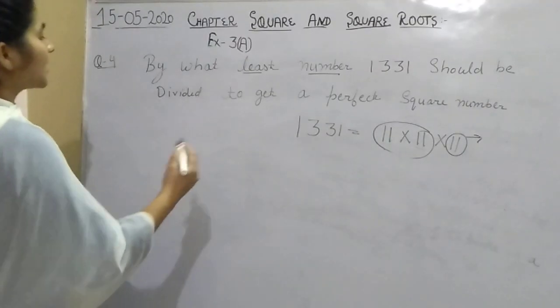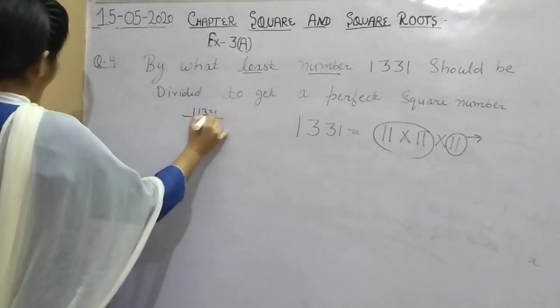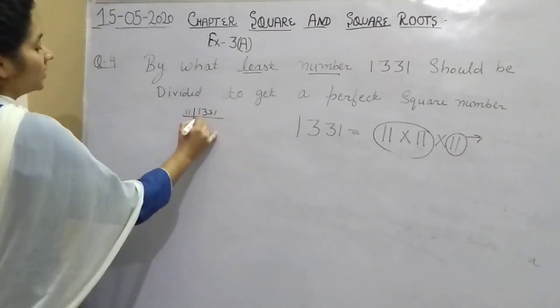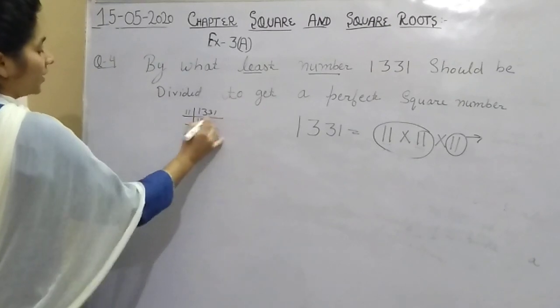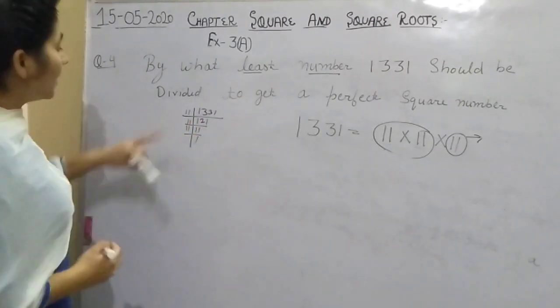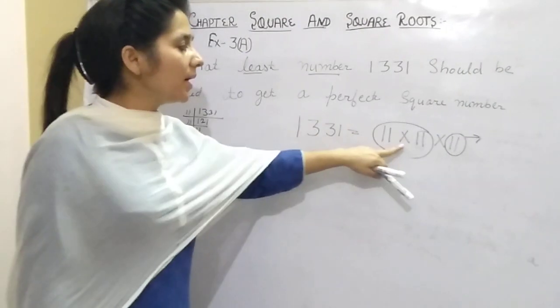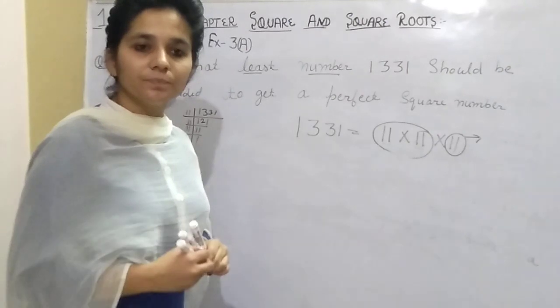So your first step is to take the prime factorization of 1331, that is 11 11 11, and we can express it as 11 multiply 11 multiply 11.